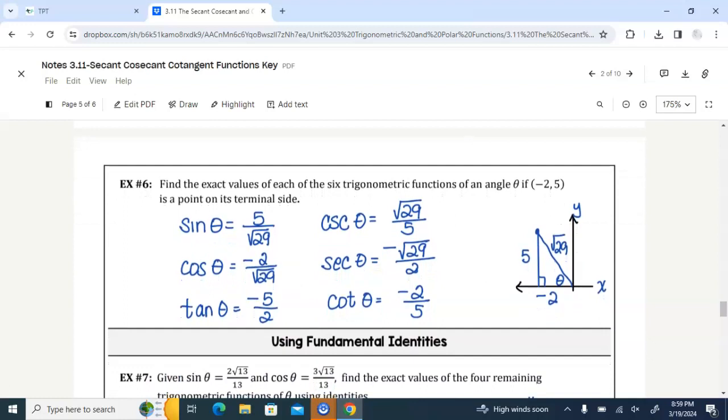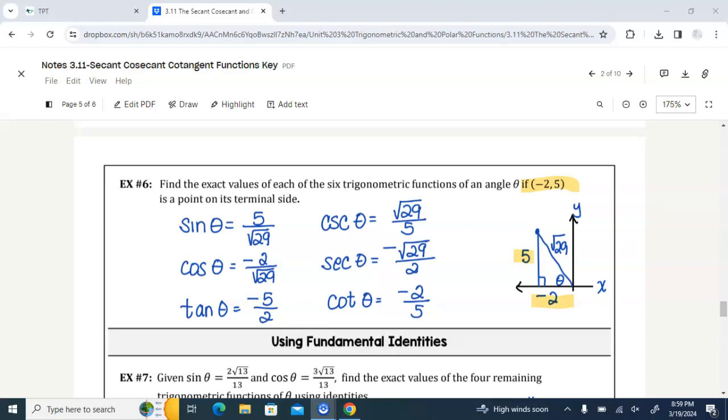All right, number 6, there's a lot to deal with. They gave us that point, so I graphed the point.